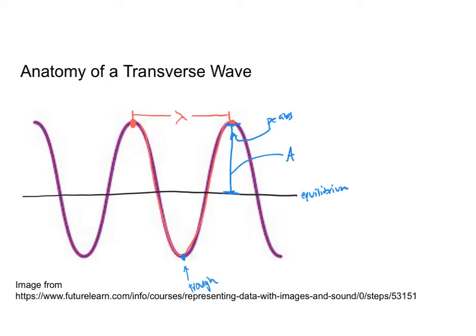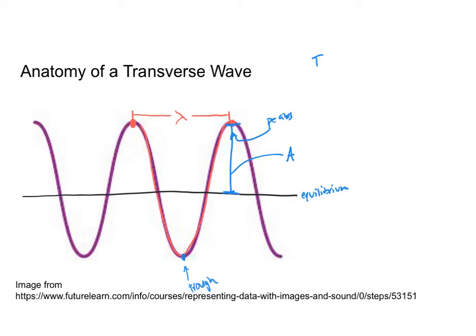Now, the last thing that I want to mention is something that's a little bit hard to see here, but just like an object in simple harmonic motion, a wave has a period, which is the time it takes to go through one full cycle. So at this point, we're assuming that our graph is showing displacement over distance, so how far different points are going up or down. We could also be showing displacement over time, so looking at a single point in space and seeing how that point in the wave is changing over time.